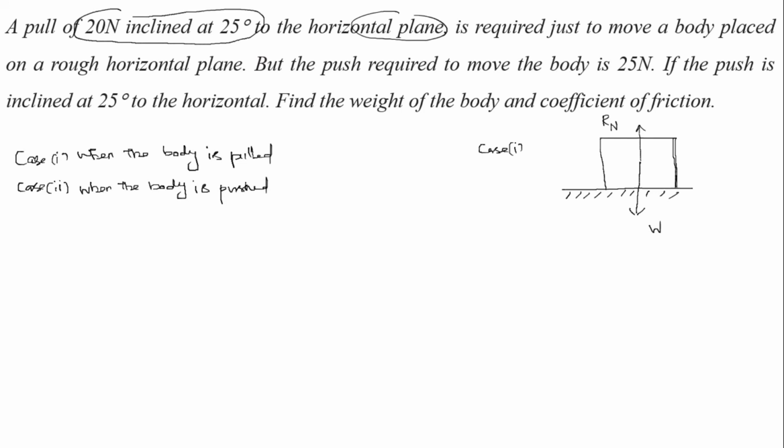So, this is the pulling force of magnitude 20 Newton, which is acting 25 degree with respect to horizontal. Frictional force is acting opposite to the direction of the force applied.